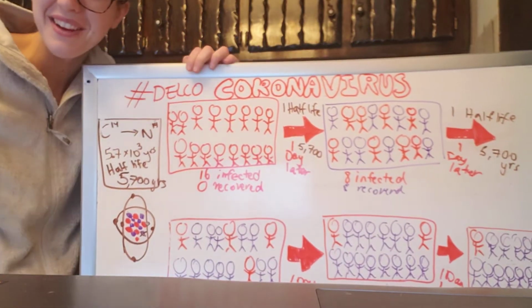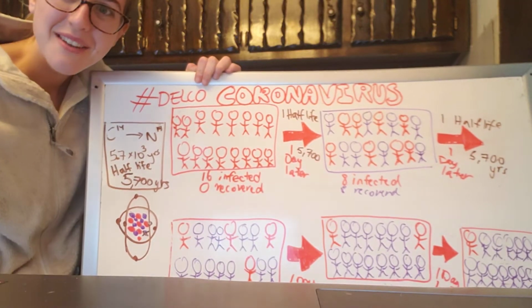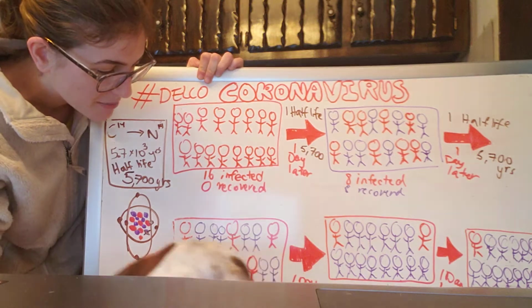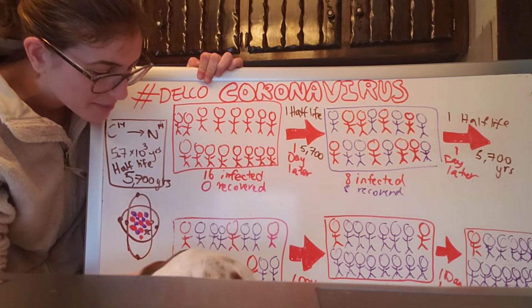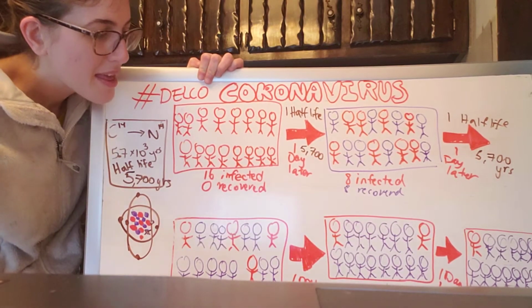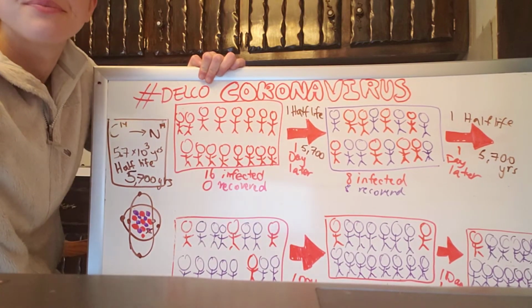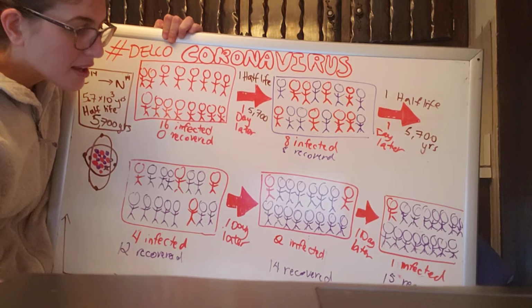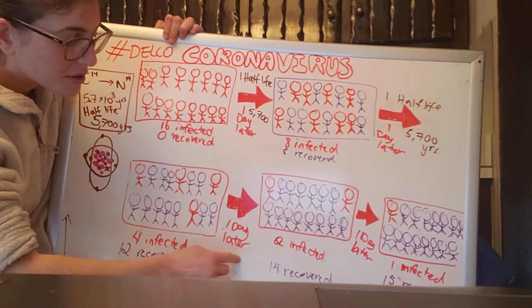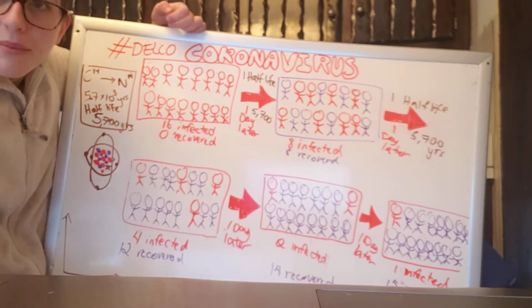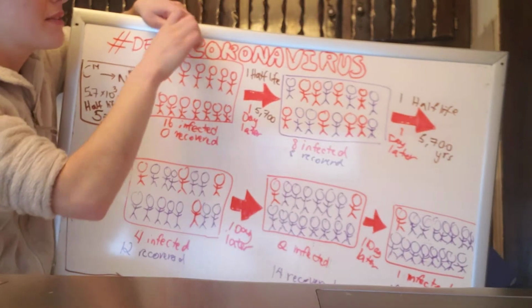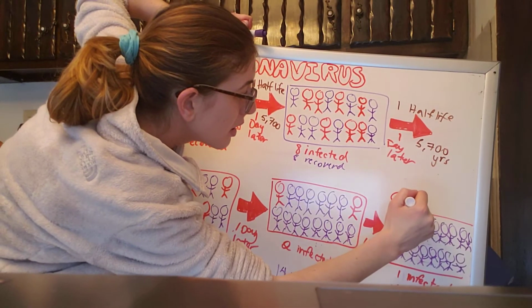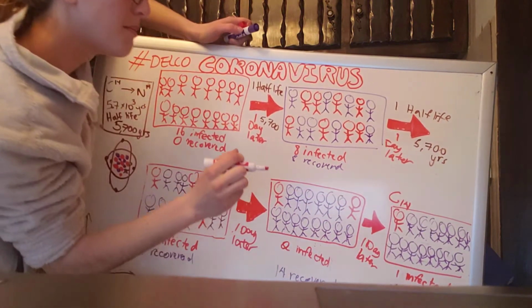It takes another 5,700 years to turn half of what was left, half the carbon-14 that was left, into nitrogen-14. And over here in this scenario, it's going to take another 5,700 years for half of the carbon to disintegrate even more. And in the very end, I'm only left with 1 carbon-14 atom.